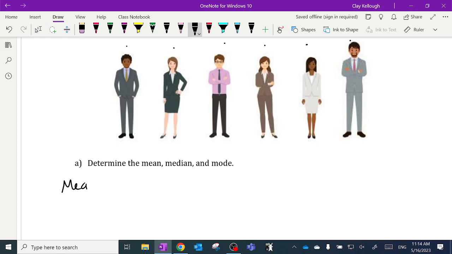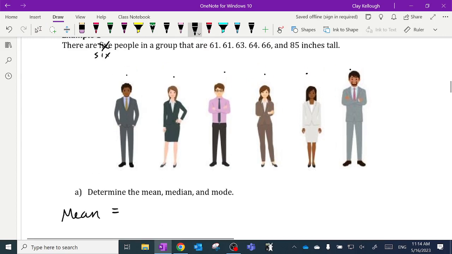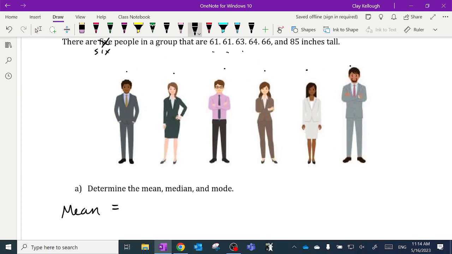So the mean here is I'm going to add up 60 plus 61 plus 63 plus 64 plus 66 plus 85. And you know what? There's a nice shortcut way to do this. There's 1, 2, 3, 4, 5 numbers in the 60s. What's 5 times 60? 5 times 6 is 30 with a 0. And then what's 1 plus 1 plus 3 plus 4 plus 6? Well, 6 plus 4 is 10, 13, 14, 15.